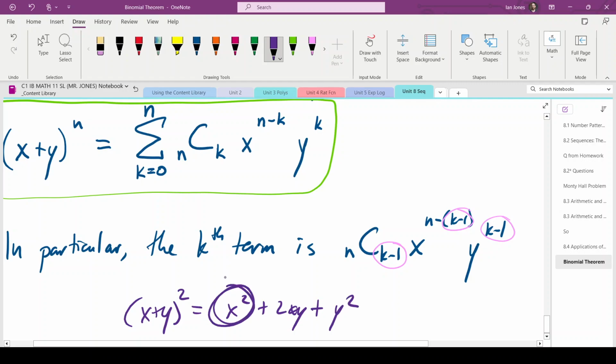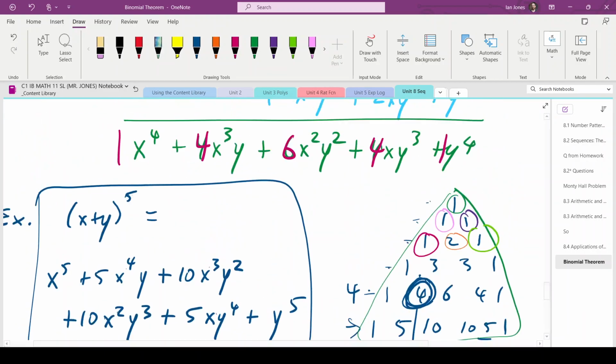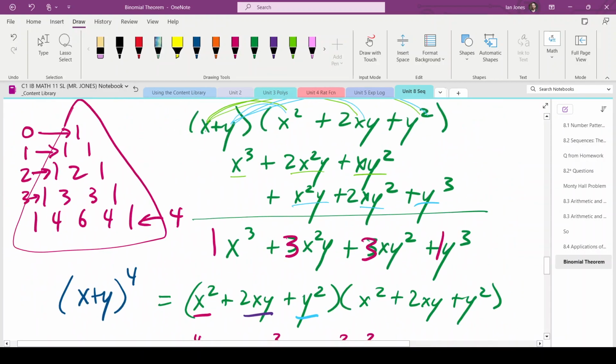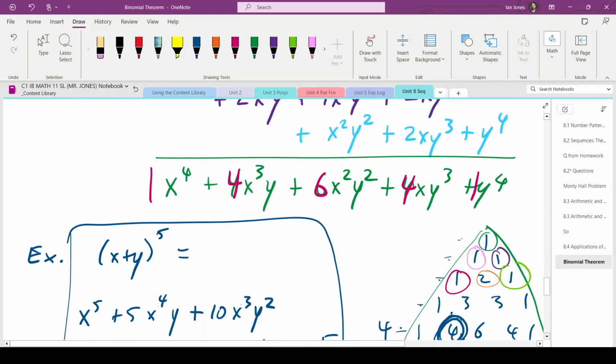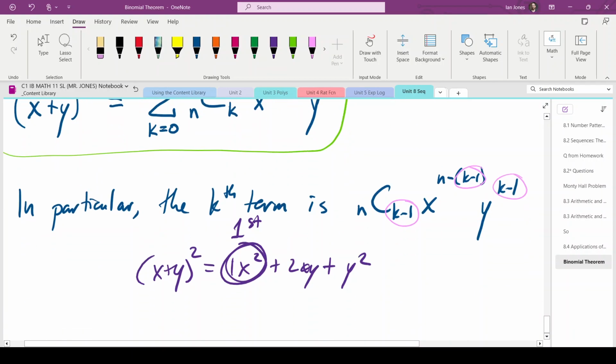This here is the first term. And earlier, we were calling this the 0th column. The coefficient here was the 0th column of Pascal's triangle, right? This was the 0th column where the 1 comes in. But now I'm saying, hey, no, this isn't 0th, this is the first term.